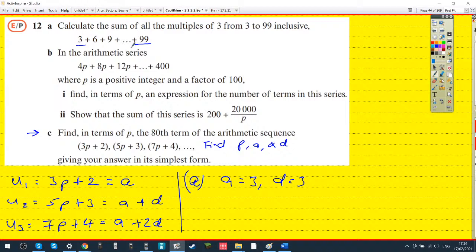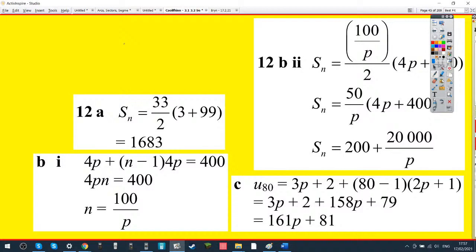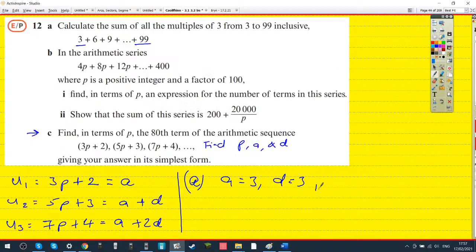How many terms in total? 96. I think it's 33. Wait, no. Yeah. 33 or something. Yep. N is 33.